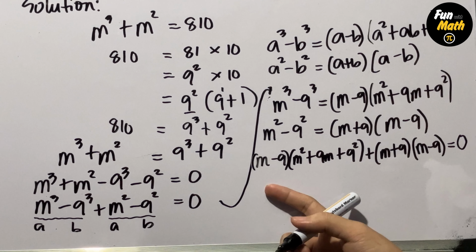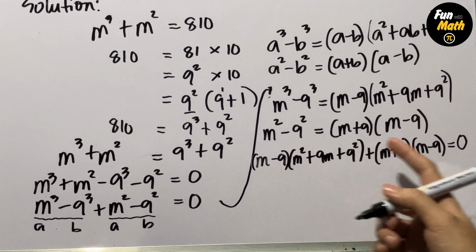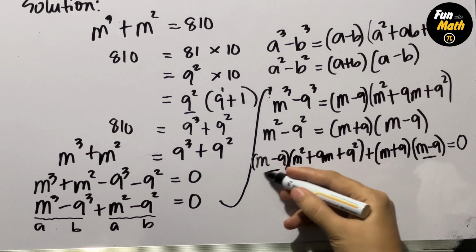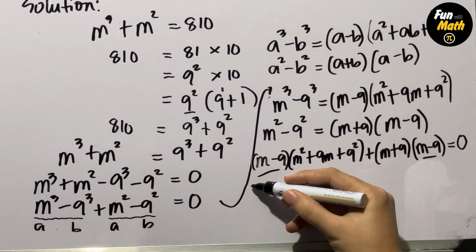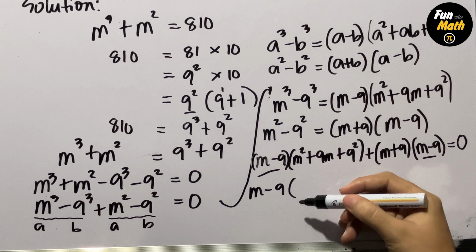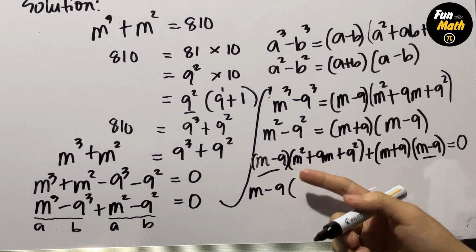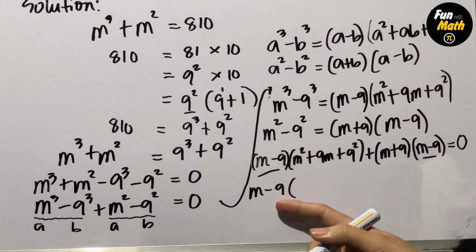Next, as you observed, we have a common factor, and that is m minus 9. So we can factor this out with our common factor. Let's take it out: (m minus 9) times, m minus 9 times (m squared plus 9m plus 9 squared) divided by m minus 9.